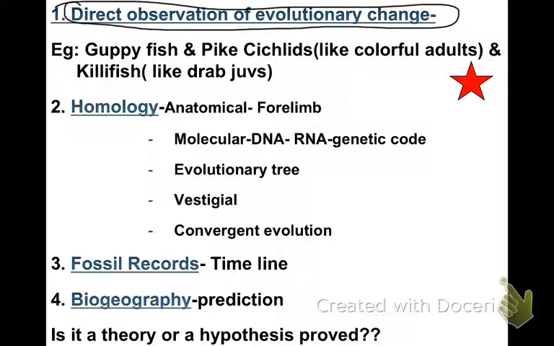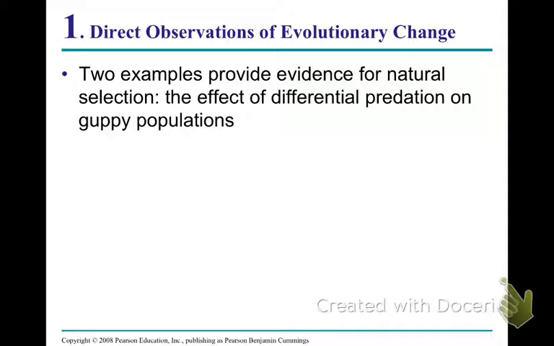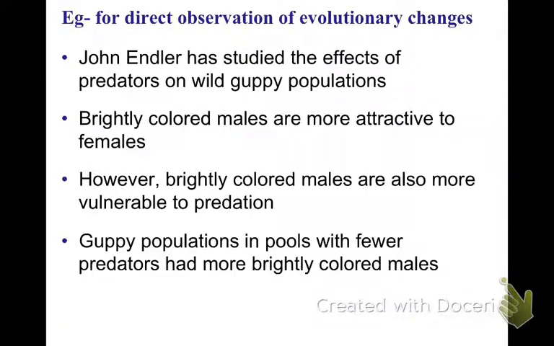Okay, let's see what happens in the next picture, and then we can come back. So there are 2 examples provided with evidence for natural selection. So first, the direct observation of evolutionary changes.